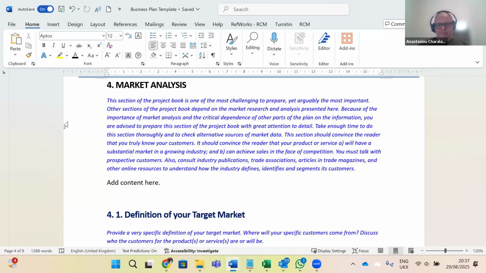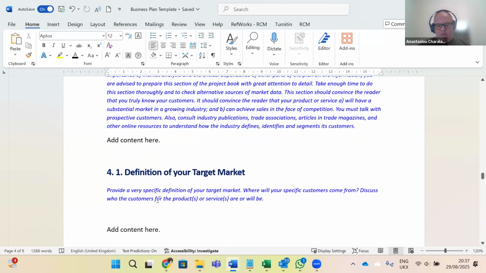Okay, so this is where you would say what your target market is going to be. Okay, so you would say, for example, that I'm targeting surgeons that are involved in this type of cancer, for example. Okay, I'm targeting large hospitals. I'm targeting companies that do installations of photovoltaics, for example.